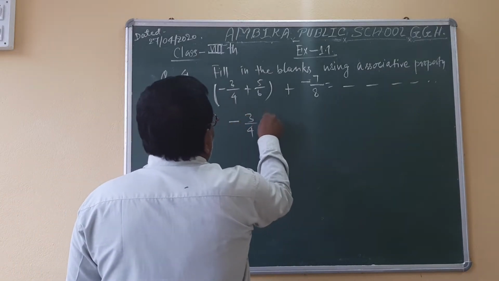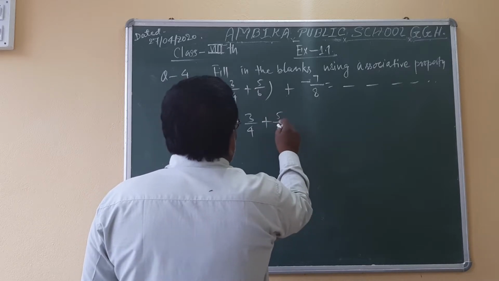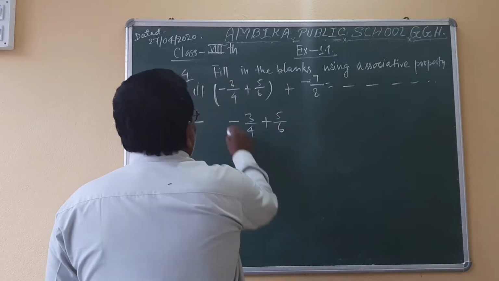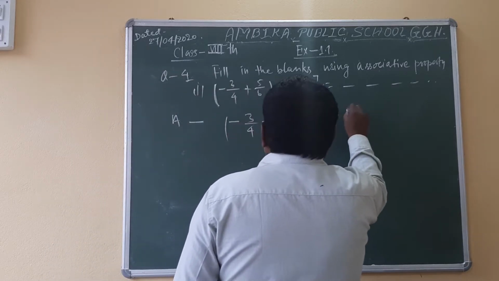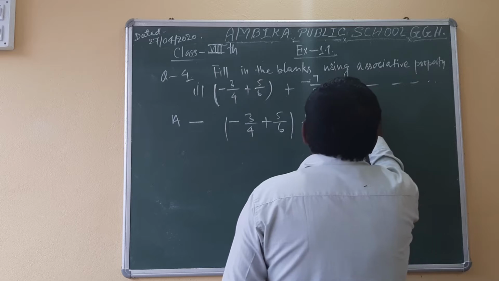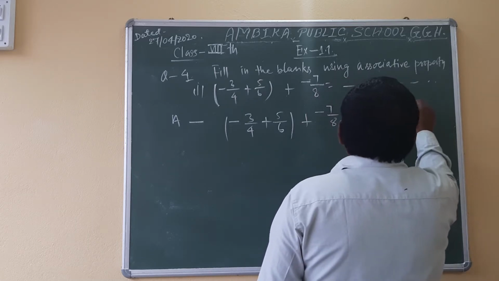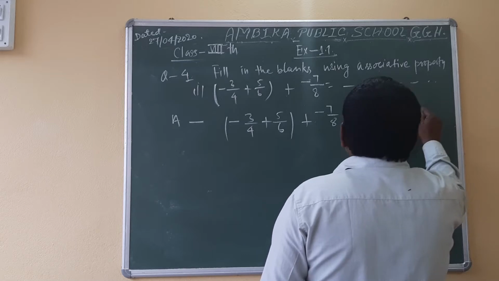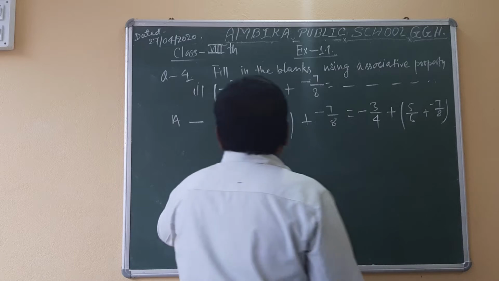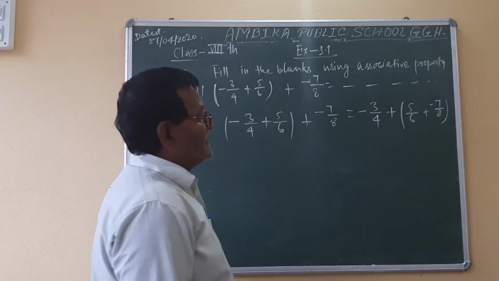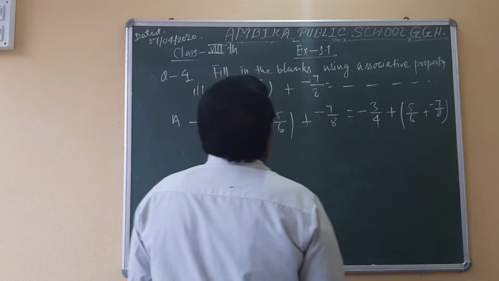(-3/4 + 5/6) + (-7/8) is equal to -3/4 + (5/6 + (-7/8)). That is, (a + b) + c is equal to a + (b + c).